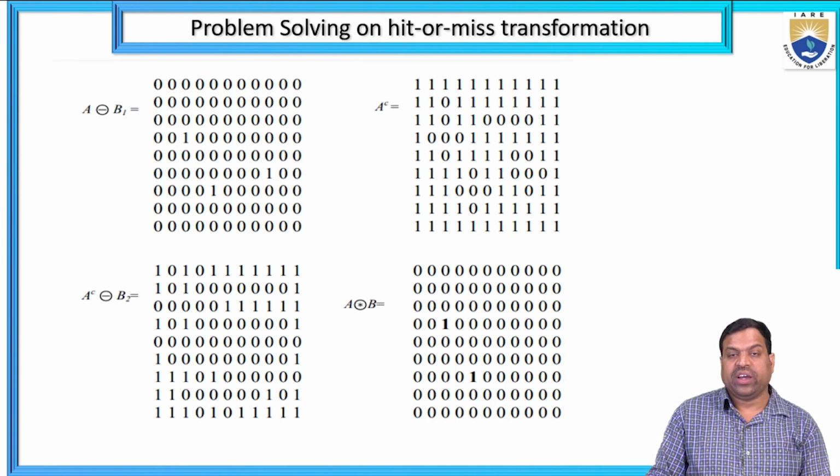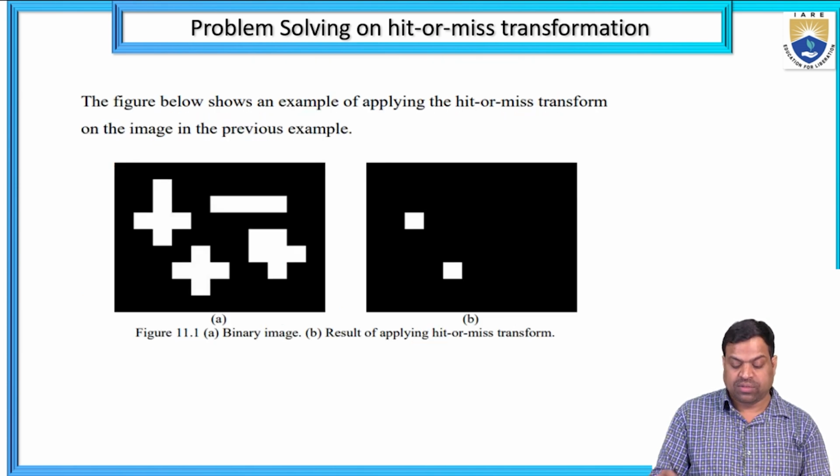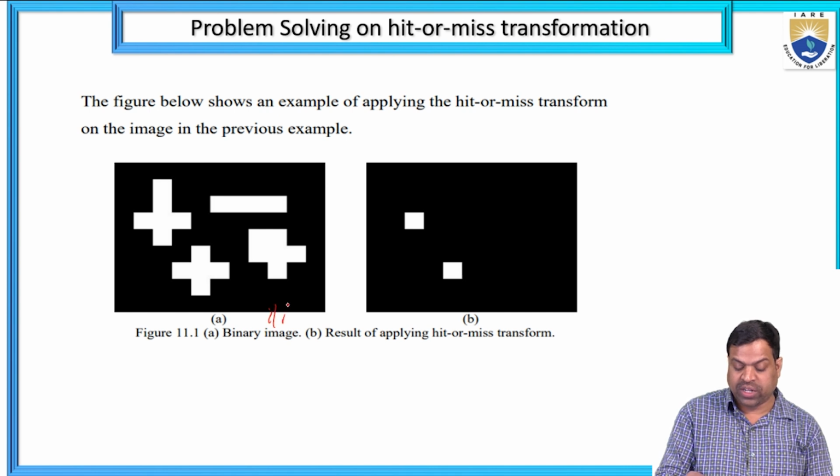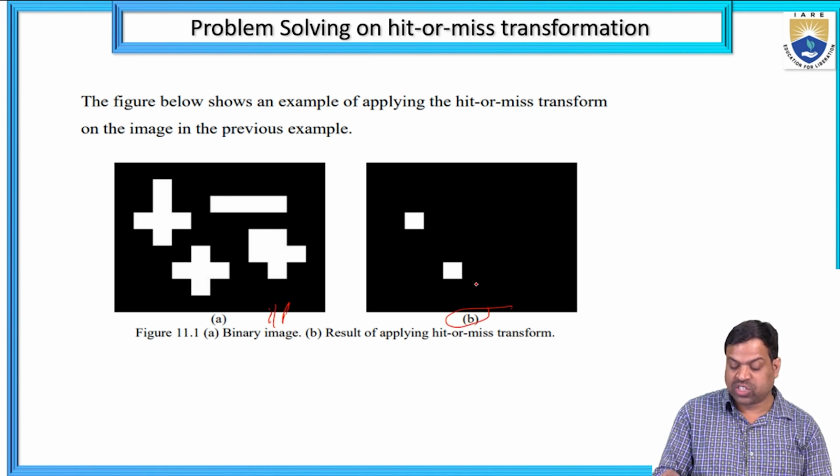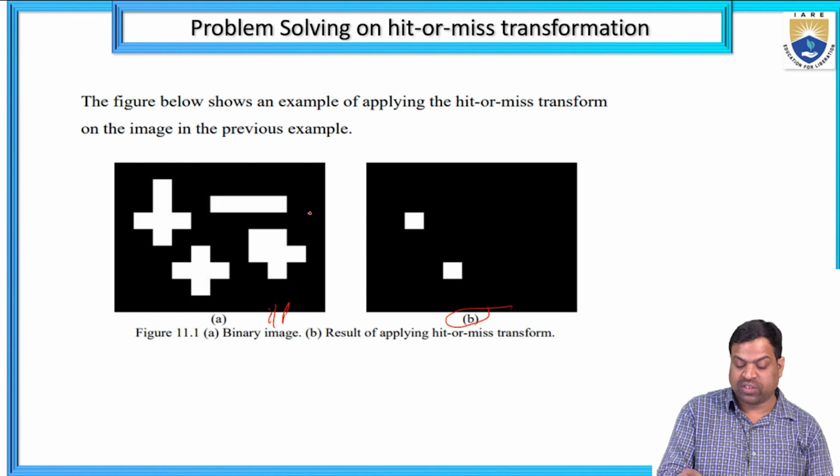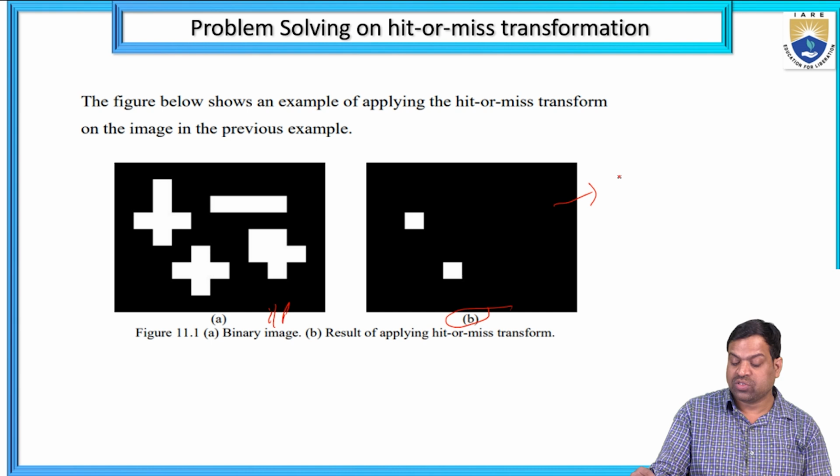It is A erosion B1 and A complement erosion B2. Before, it is the input binary image, and then the hit-or-miss transform. That means the unnecessary white pixels are converted to black.